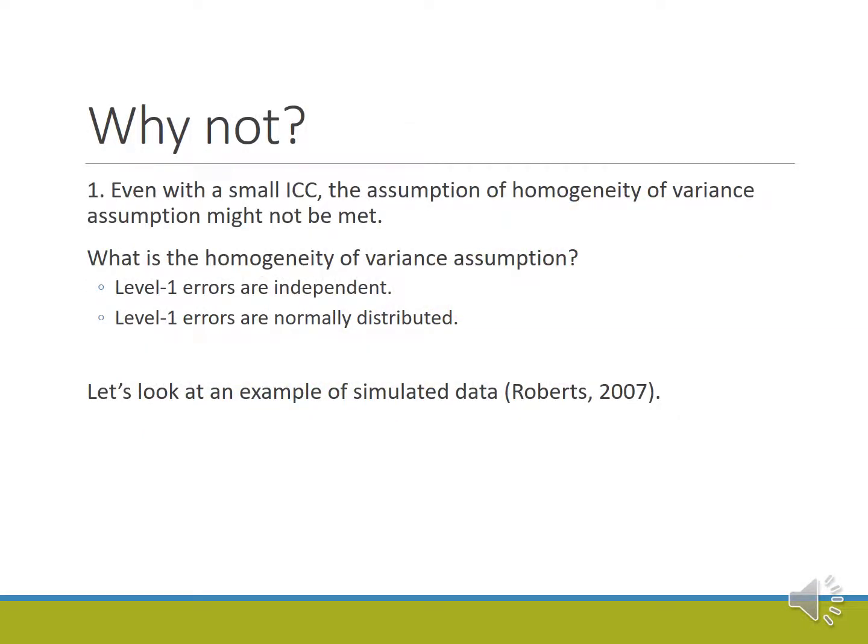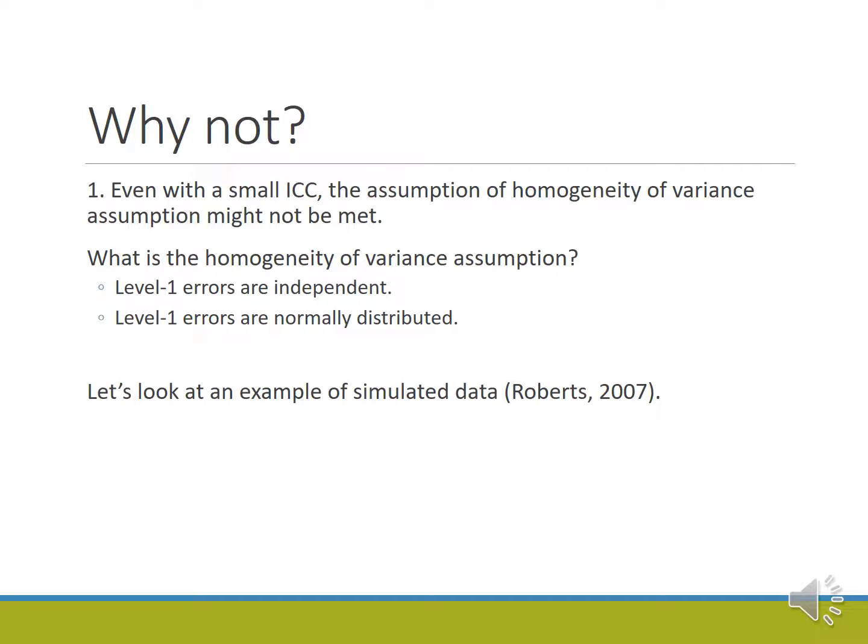So why not? Why can you just not ignore the clustering if your ICC is small? Remember when we talked about assumptions, the assumption of homogeneity of variance might not be met. And if the assumption of homogeneity of variance is not met, you cannot run a regression analysis. What does that mean?